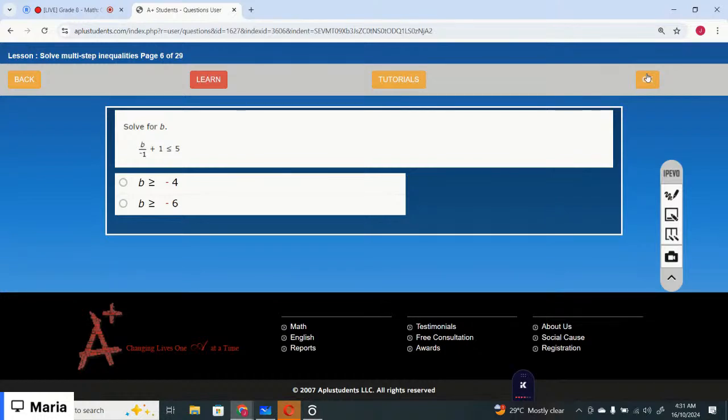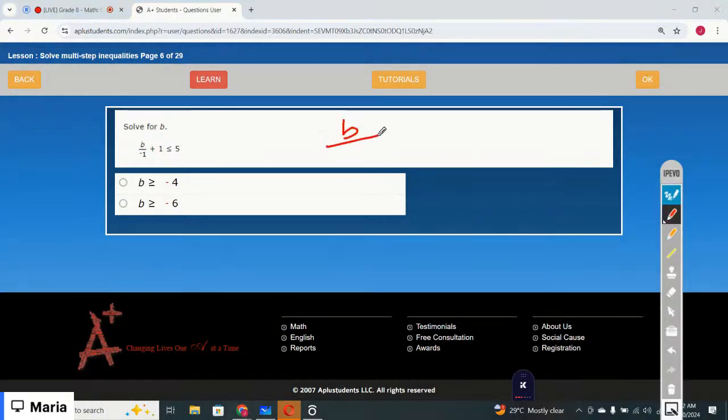So which is the correct option? You have to subtract 1 from both sides. That is b divided by negative 1 plus 1 minus 1, that is 5 minus 1, right? The 1 minus 1 cancels out. b divided by negative 1 is less than or equal to 4.